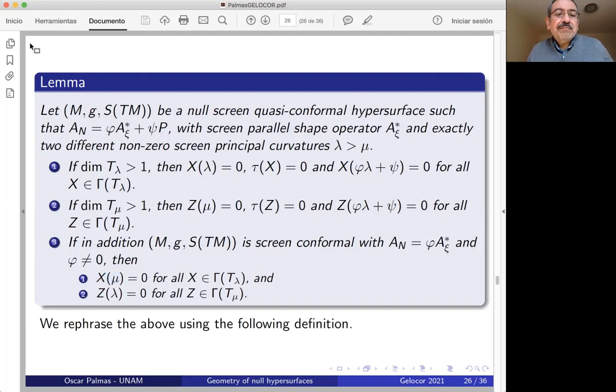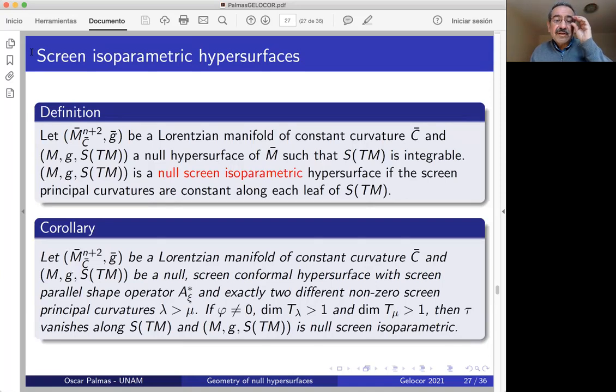So we have this nice property. Just recall that a null hypersurface is null screen isoparametric if the screen principal curvatures are constant along each leaf of the screen distribution.